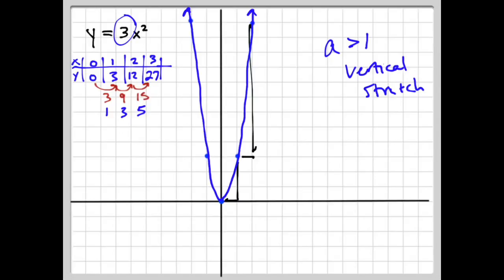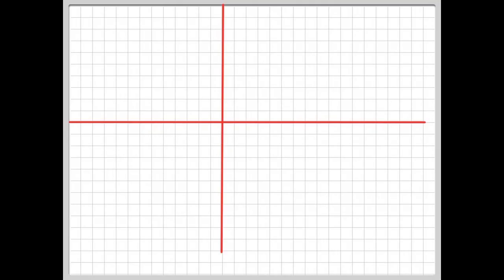All right. Now let's look at when A is smaller than 1. We're actually going to look at where A is smaller than 1 and negative. So we're going to look at y equals negative 1/4 x squared.